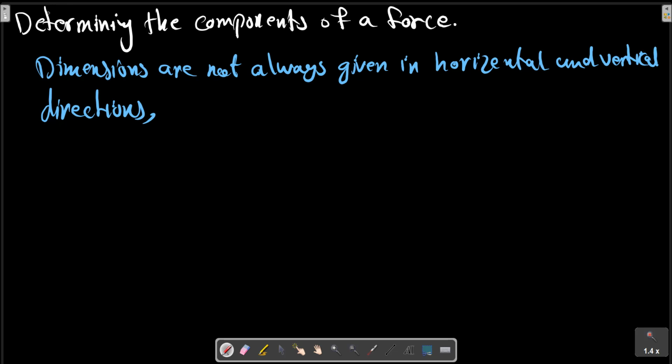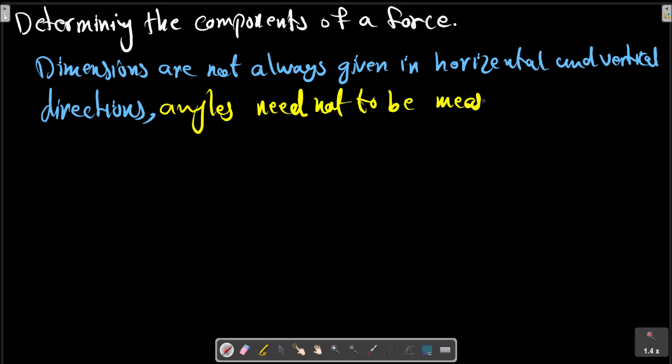Angles need not be measured counterclockwise from the x-axis.